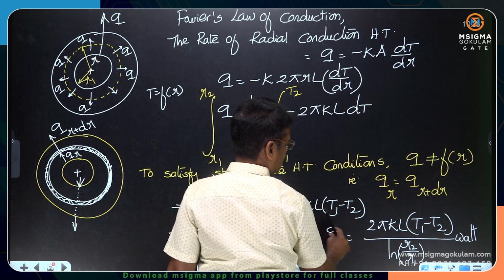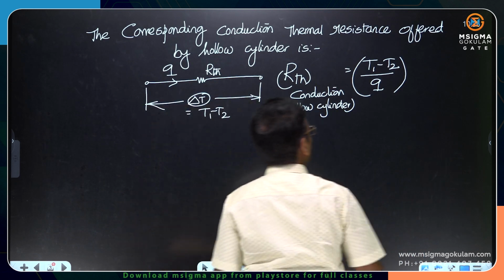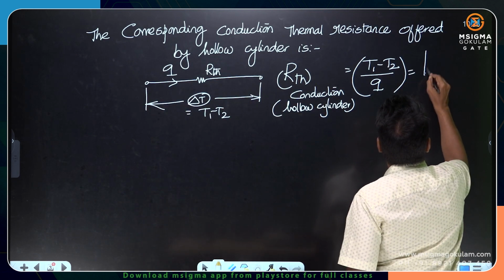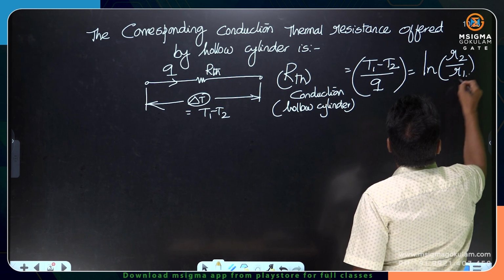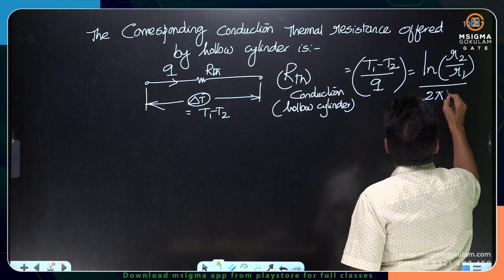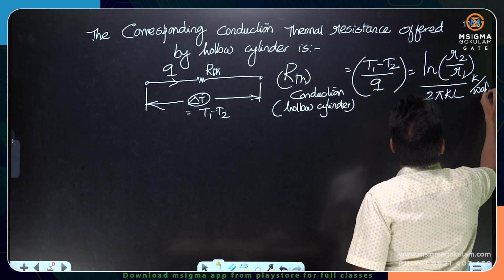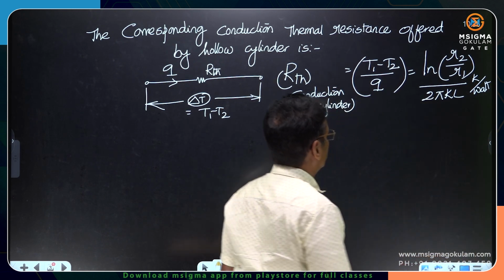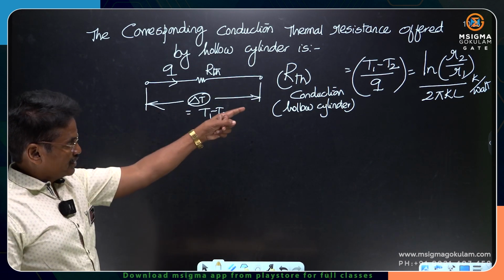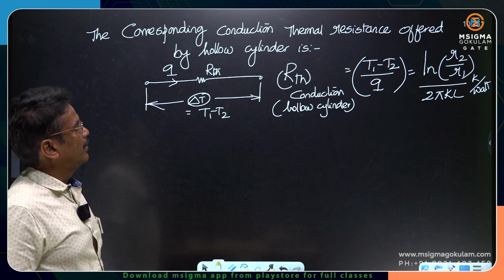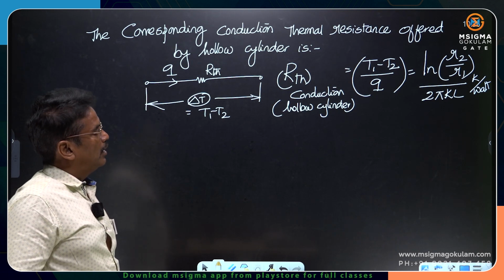When Q goes to the denominator, it becomes ln R2 by R1 divided by 2 pi K L. So many Kelvin per watt. This is the third resistance which I am putting. K is the conductivity of the material.